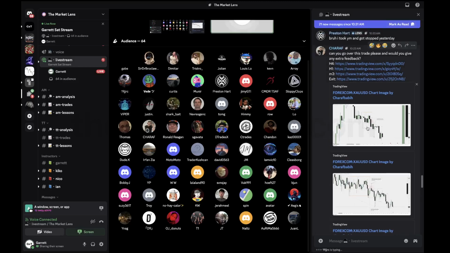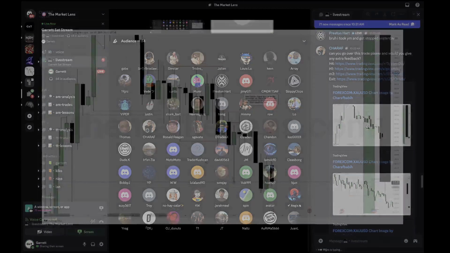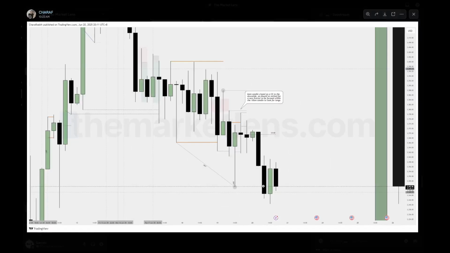You can go over this trade, please, and give extra feedback. What asset is this? So this is not an SMT that I would deem relevant. Why? Because we created the SMT here with this low. You see it had no respect for it. You see that? It had absolutely no respect for it. So typically I would not view this as an SMT.